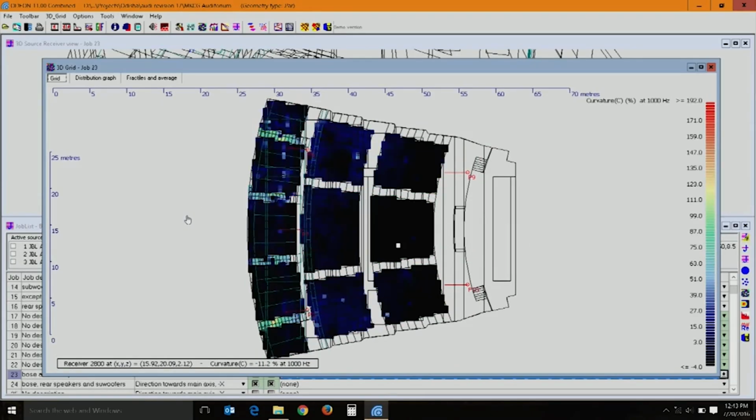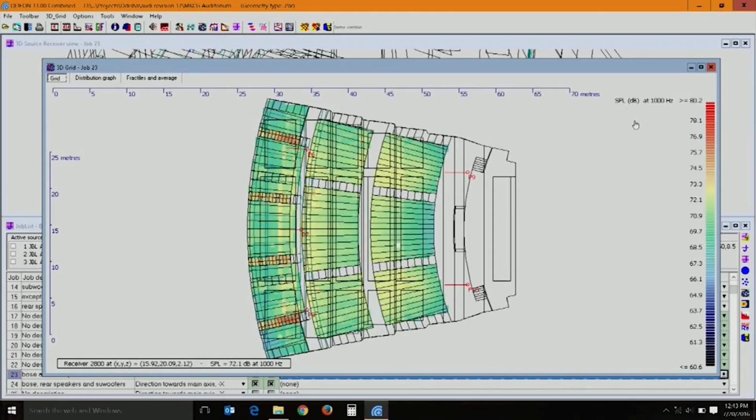The next parameter that we looked at to be more relevant, we looked at clarity C50. You will see that there are 2 different clarities which we are getting, one in the rows here and this one is below the balcony.